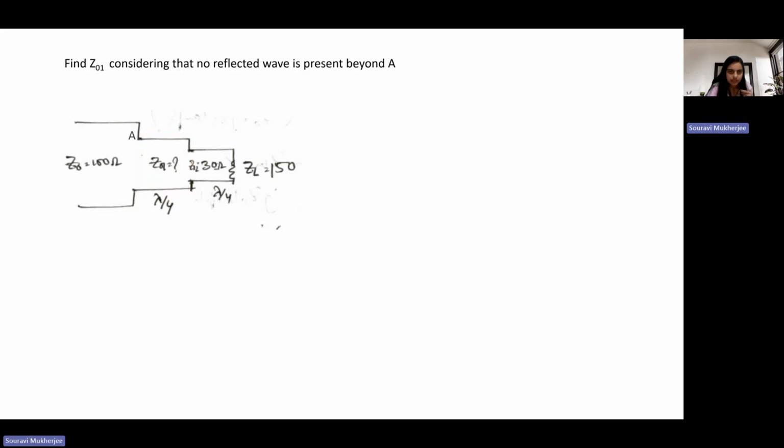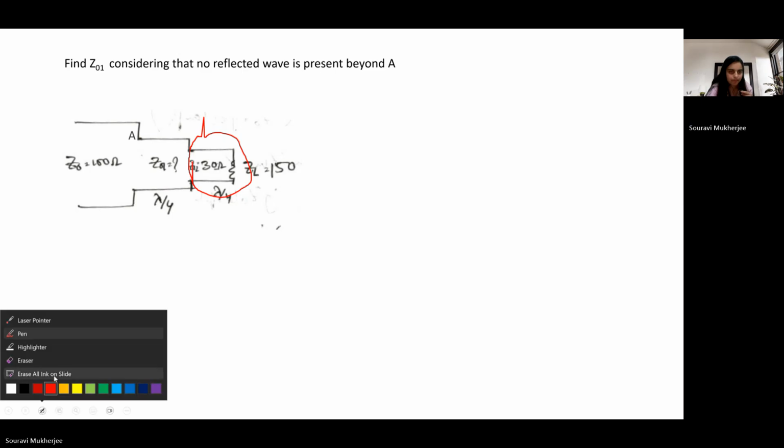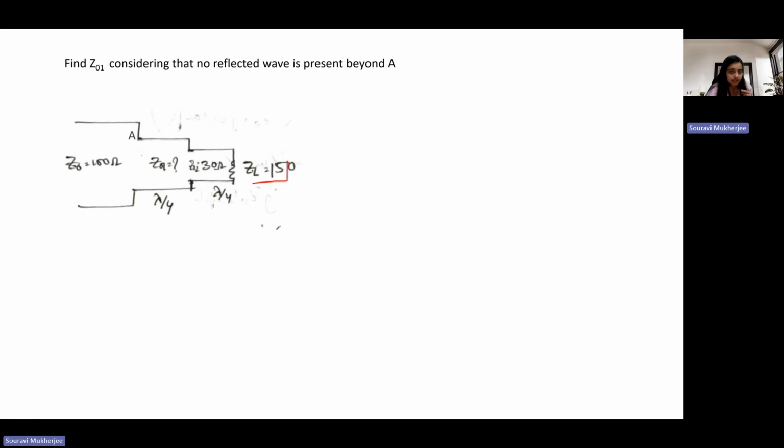Okay. So if we just start with this part of your circuit, only this part. Here ZL, that is the load, is given, this 150 ohm, and the characteristic impedance is given, and the length is specified, lambda by 4.